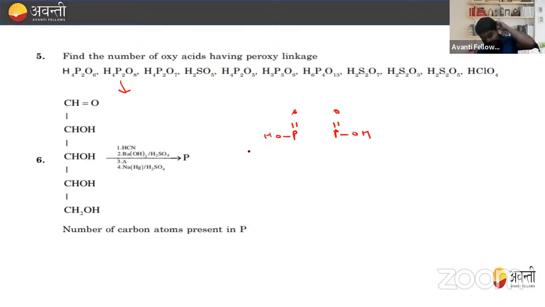So how many O do they have? They have been left with 1, 2, 3, 4 OH now. So 1 OH is also a possibility. So how many oxygens? 1, 2, 3, 6. So 2 oxygens are there. So this is called peroxy linkage, right? This is called peroxy.